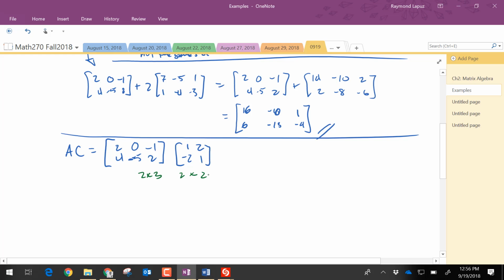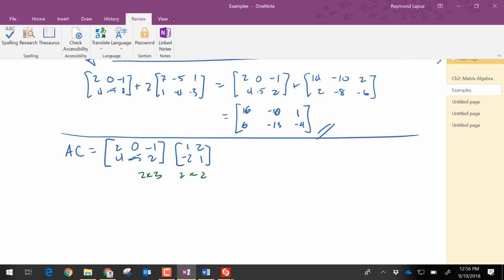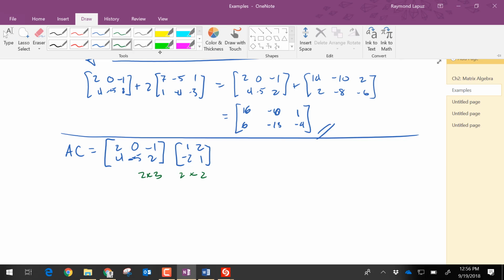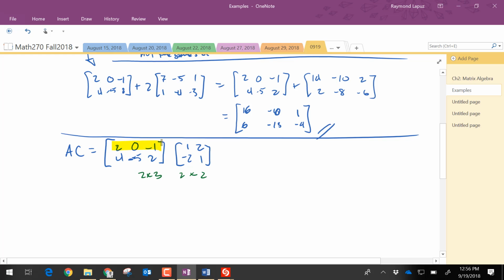And the thing about this is that when we do the multiplication, we need to multiply the vectors 2, 0, negative 1 with 1, negative 2. And it turns out that for something like this, they're not compatible. You're not going to be able to multiply these two matrices.